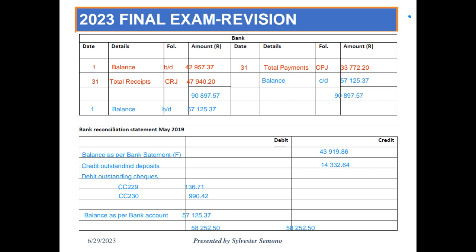Which amounts do you see? 136.71 and 990.42, and then 58,252.50. There is another one called balance as per bank account.